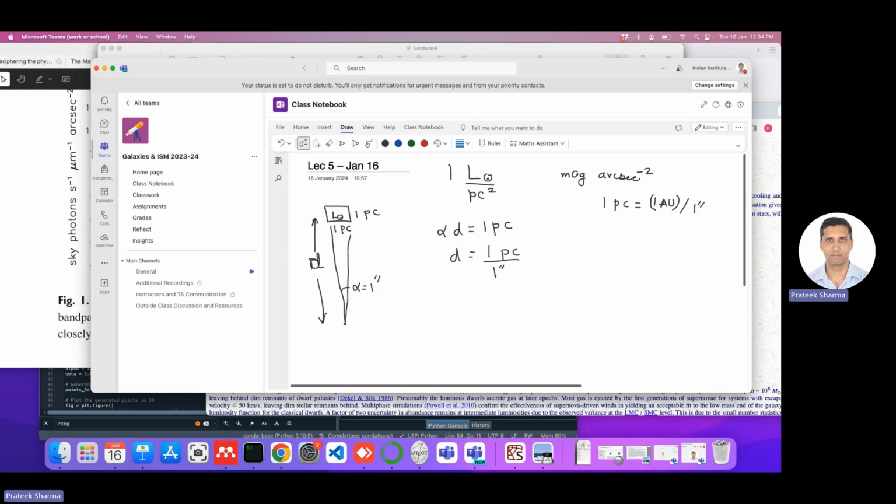This is the definition of a parsec. And 1 arcsecond is equal to pi by 648,000 radians. I mean, this is pi divided by 180 times 3600.